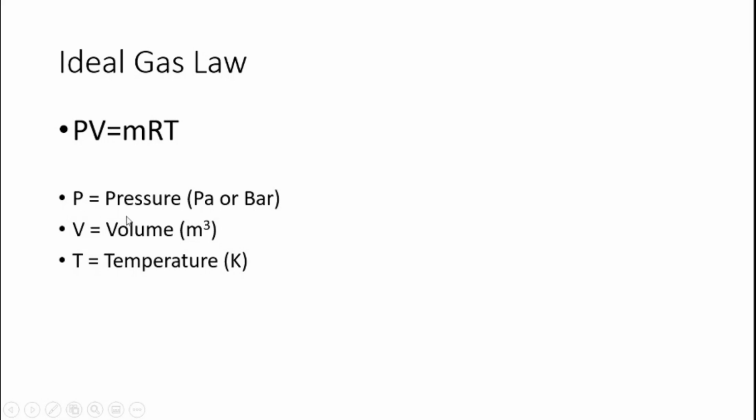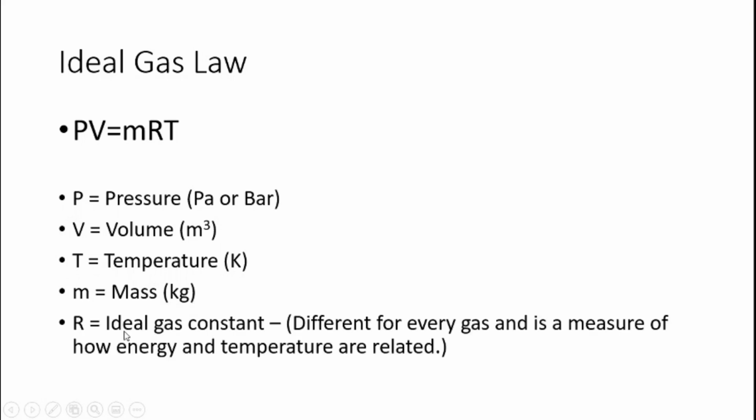P is pressure in bar or Pascal, V is volume in cubic meters, T is temperature in Kelvin, M is the mass in kilograms, and R is the ideal gas constant. It's different for every gas as a measure of how energy and temperature are related. So it's a set constant for whatever gas we're dealing with. So PV equals mRT. Obviously, we'll rearrange this to find the mass in the examples.